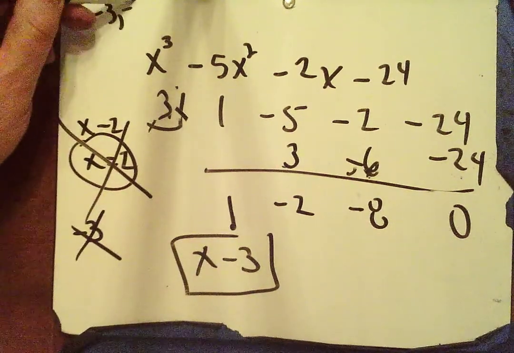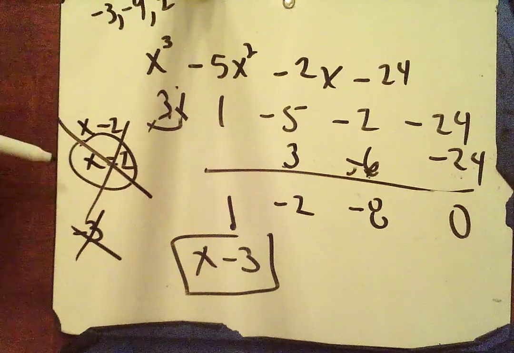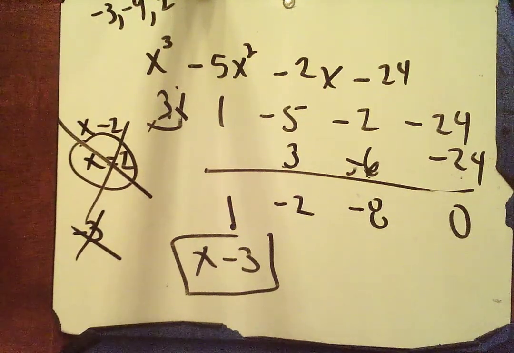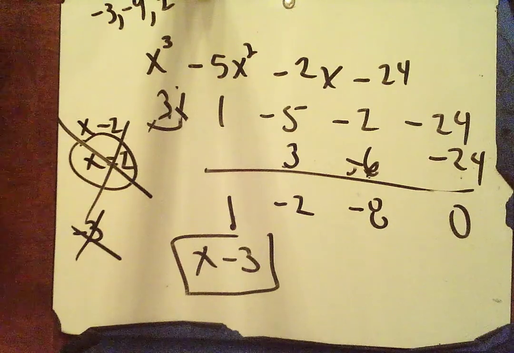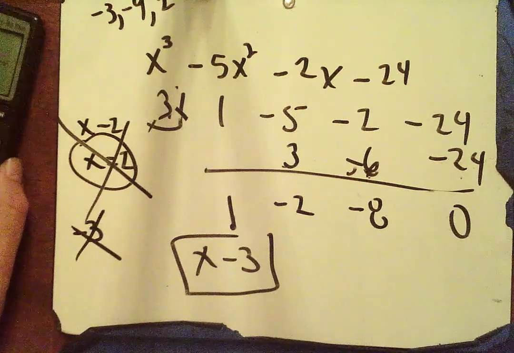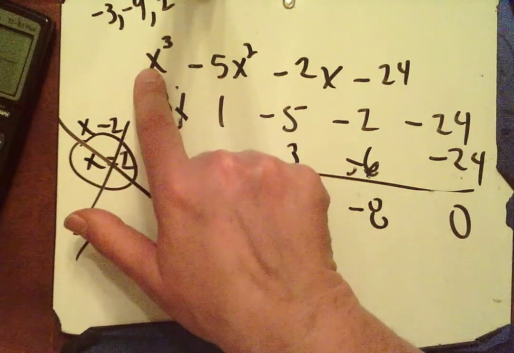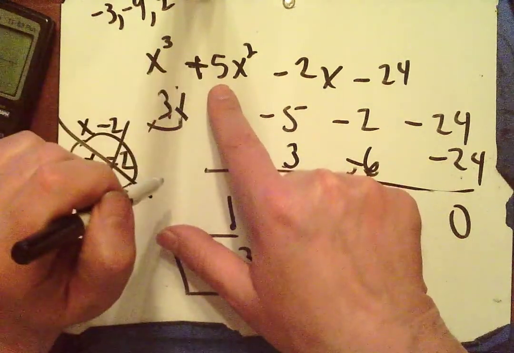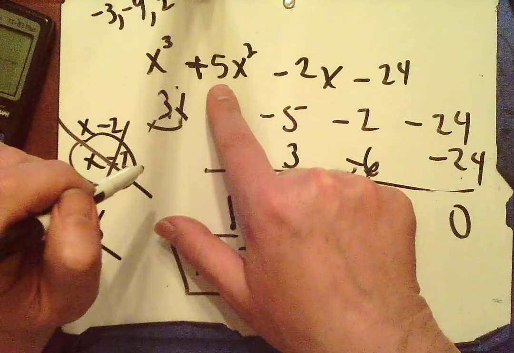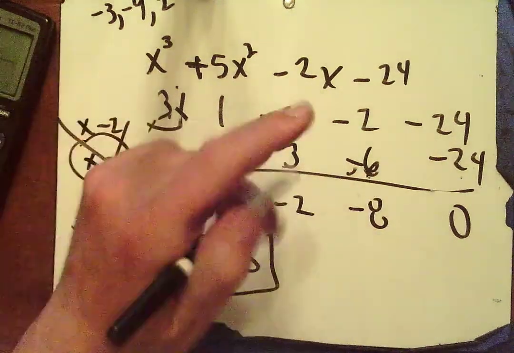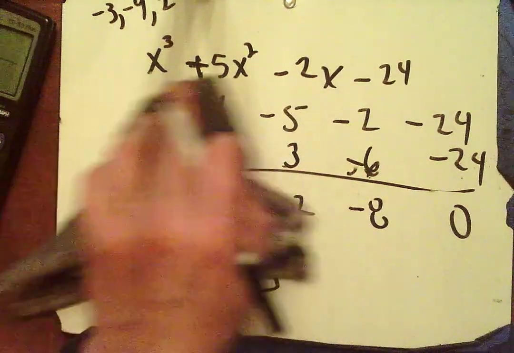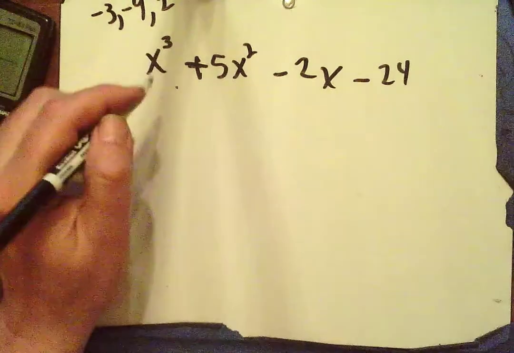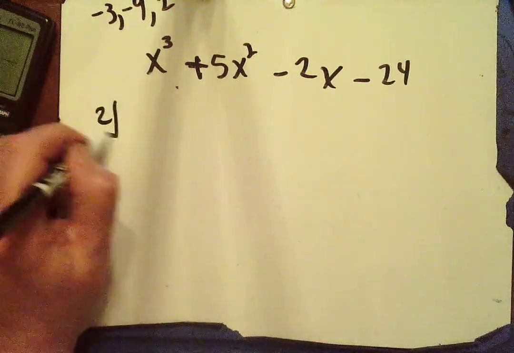Negative 3, negative 4, and positive 2 all look like they do work. What am I missing here? X to the third. Oh, look. That's a plus. Wah, wah. So, that's what happens when you rush. So let's try those numbers again. 2.